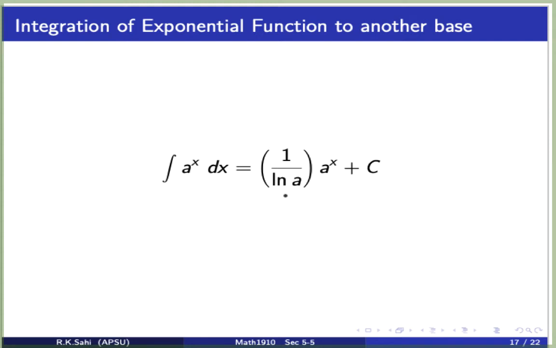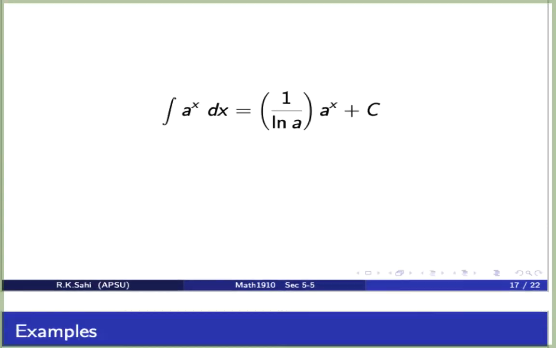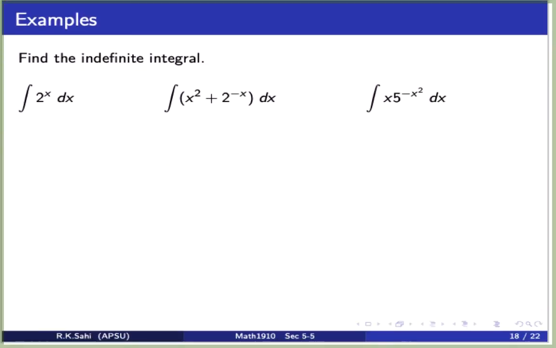Okay. Let's go ahead and do these problems. Now these are indefinite integrals, so the integral of 2 to the power x dx is simply going to be 2 to the power x divided by natural log of 2, plus c.